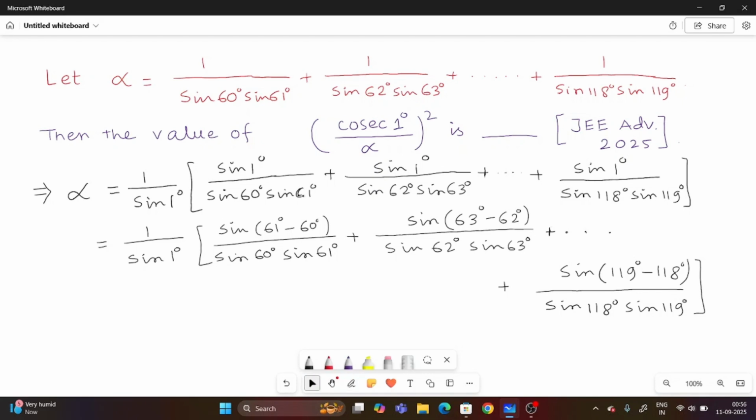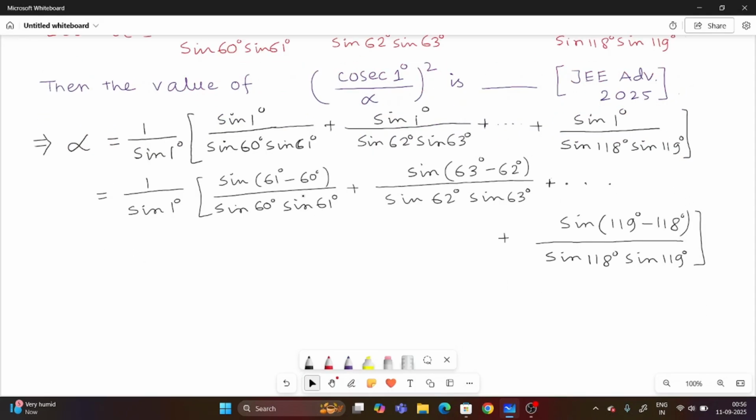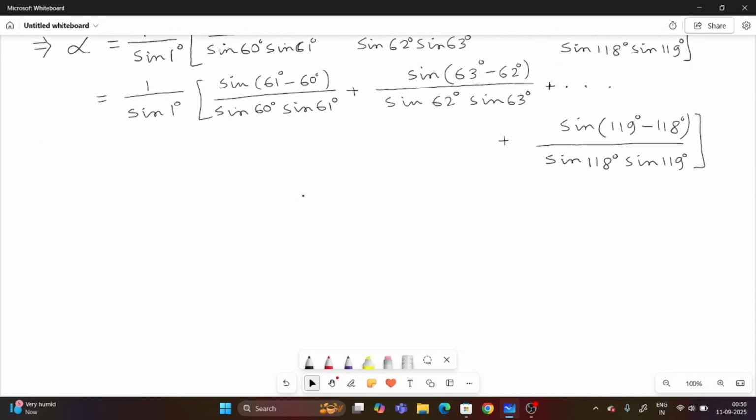So in each case, we can see the numerator is of the form sin (A minus B). That means sin is operating on the difference of two angles. So using that formula, we can simplify. The form is 1 by sin 1 into... So what is the formula of sin (A minus B)?